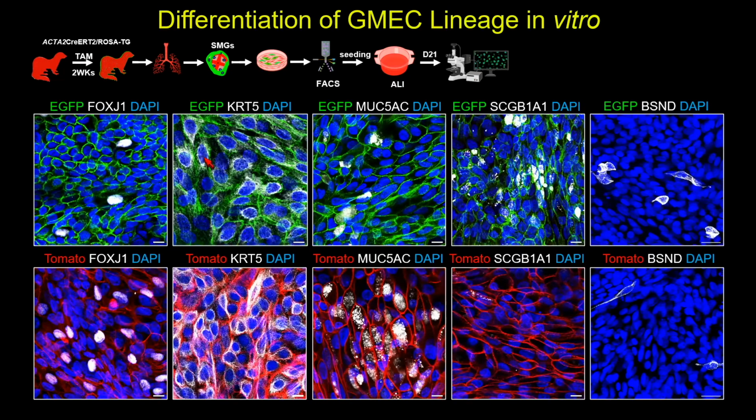After 21 days of differentiation, we can see the GFP-labeled myoepithelial lineage cells can give rise to ciliated cells marked by FOXJ1, basal cells marked by KRT5, goblet cells marked by MUC5AC, club cells marked by SCGB1A1, and ionocytes marked by BSND.